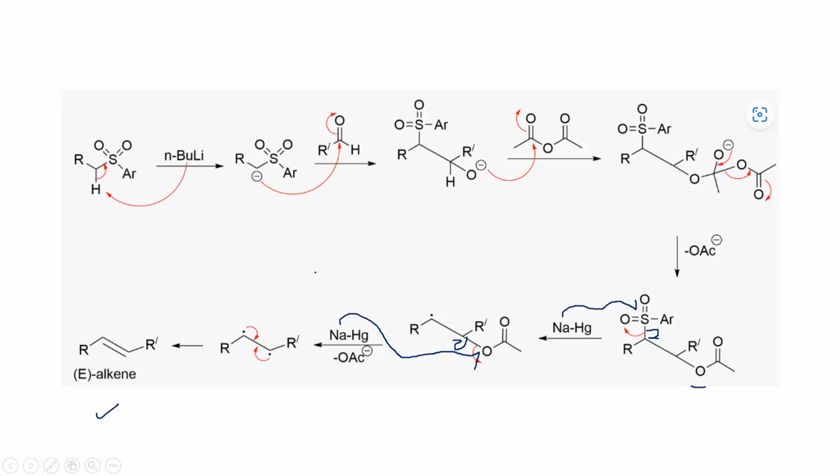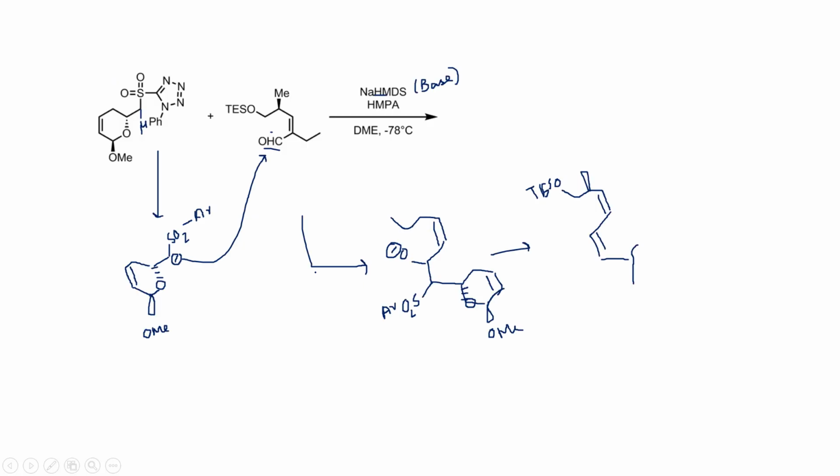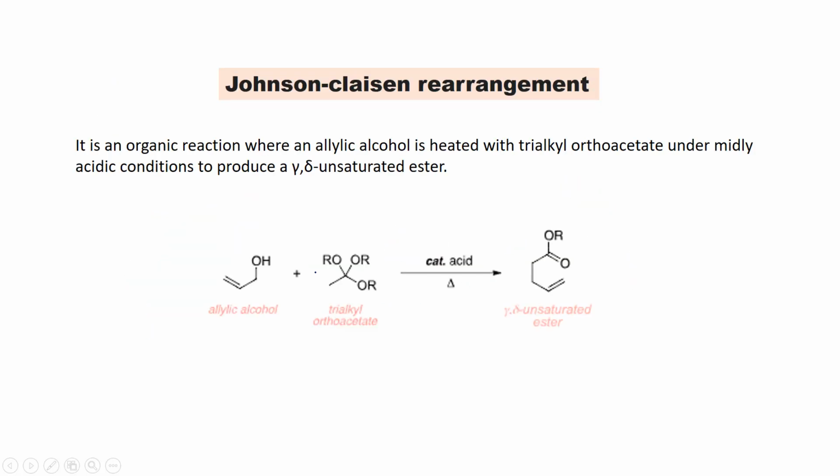So if any product is given to you where the E double bond is formed, the best route to get specifically an E double bond is this Julia olefination reaction. Then we discussed some questions based on that. Then at last we discussed the Johnson-Claisen rearrangement, and stated how we can form a gamma delta unsaturated ester.